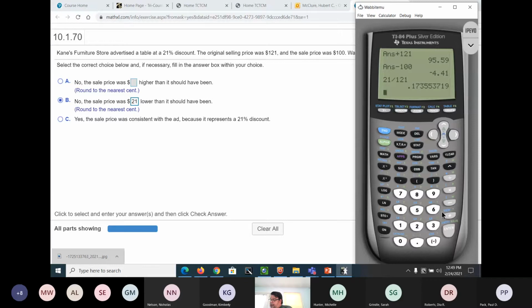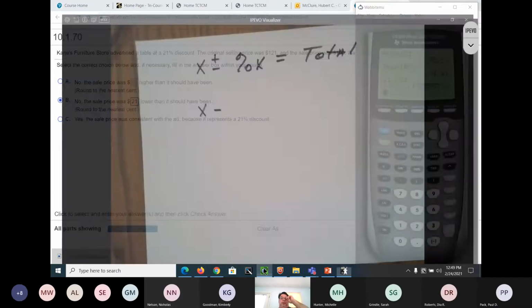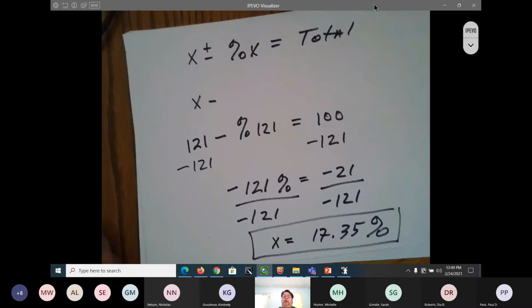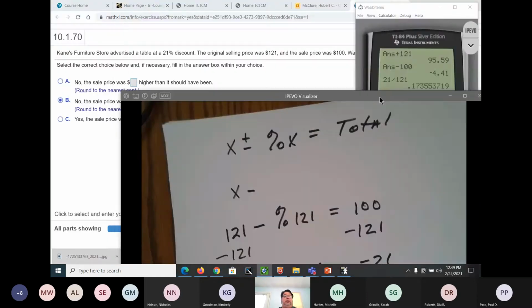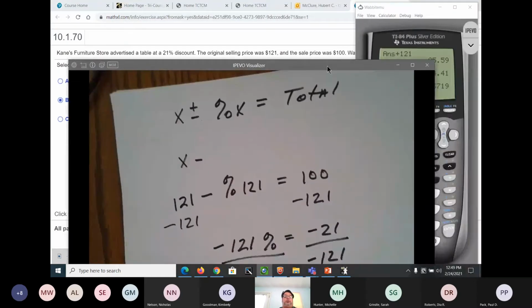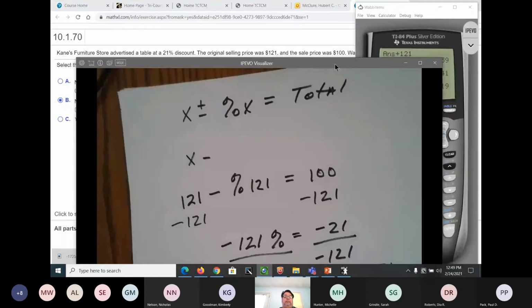Now the problem said, I'm showing you right now, the problem said how many percent? It said 21%. So right now, is the problem correct with what it says? No.